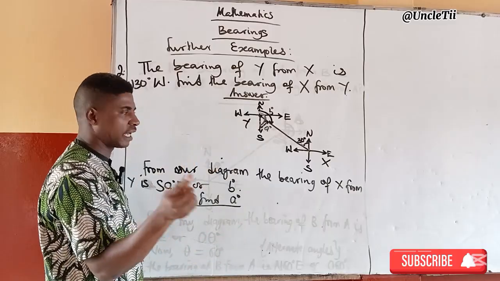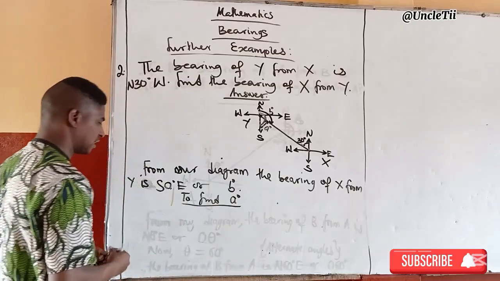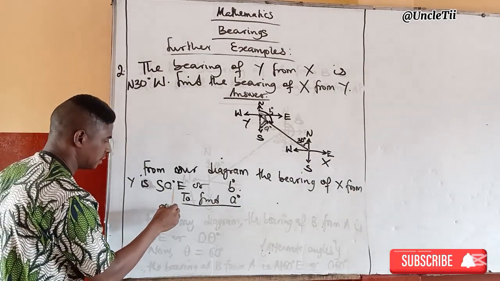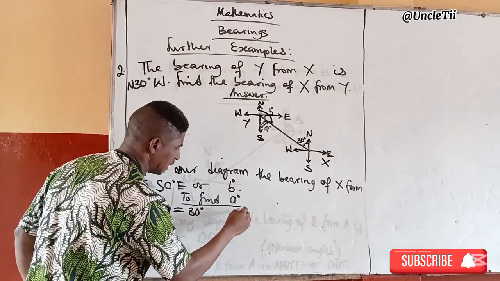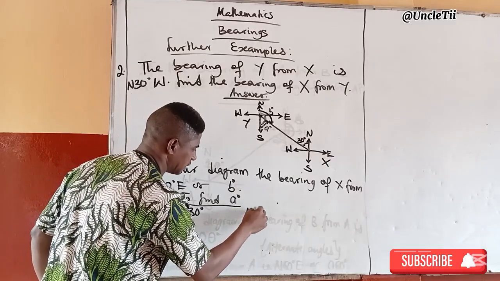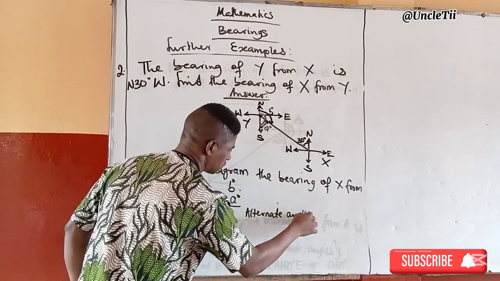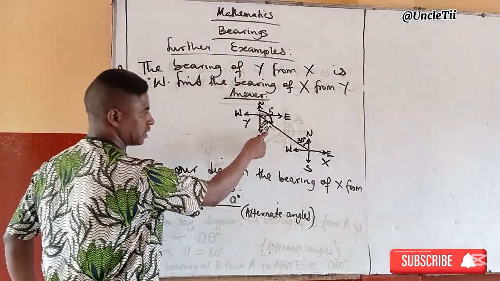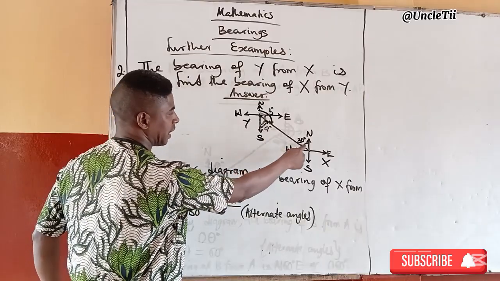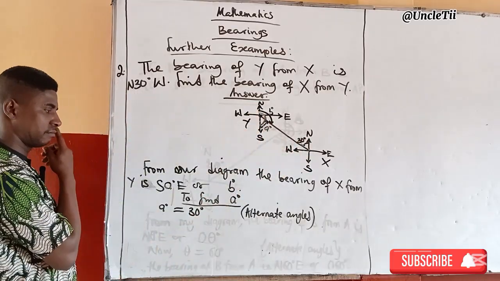Because alternate angles are equal, automatically a degrees is equal to 30 degrees. And our reason is alternate angles, because a degrees at y and 30 degrees at x are in the mathematical letter N.